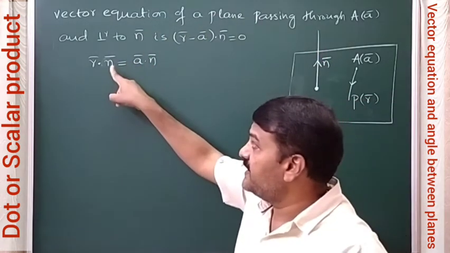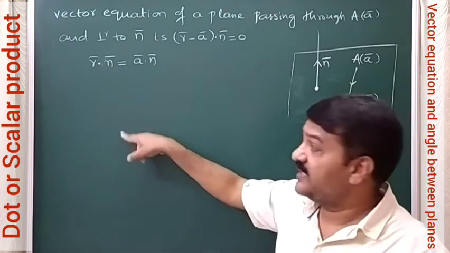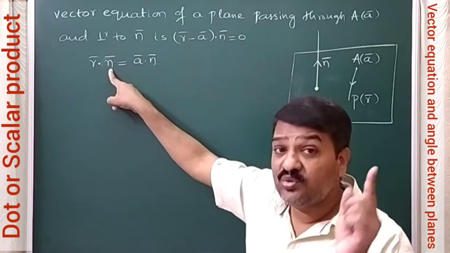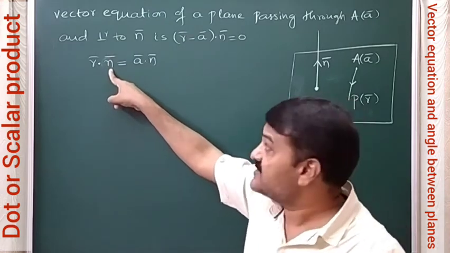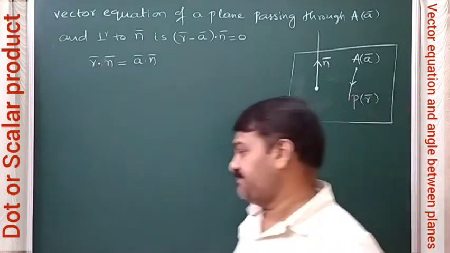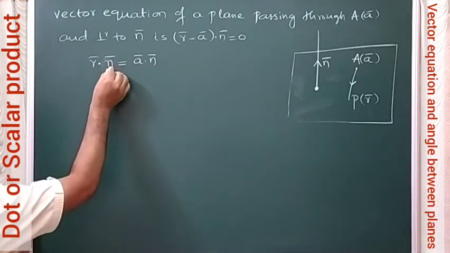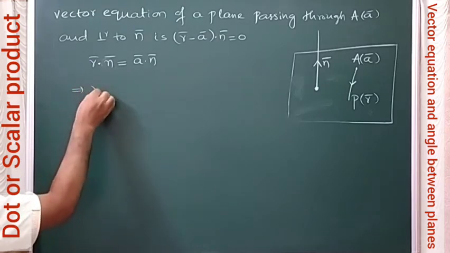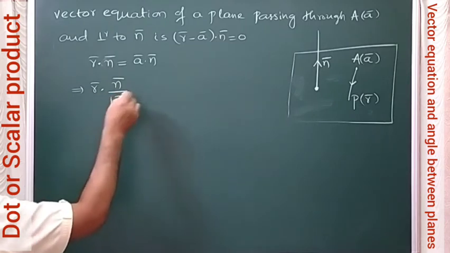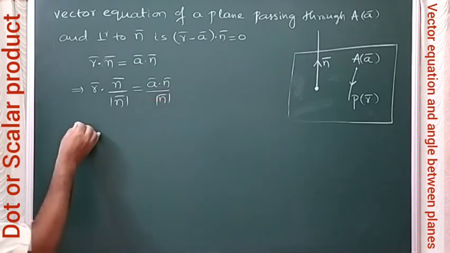If this perpendicular vector to the plane is taken as a unit vector, that is, a normal which is a unit vector, then you will get the normal form. So to get a unit vector here, divide by the modulus of n bar.